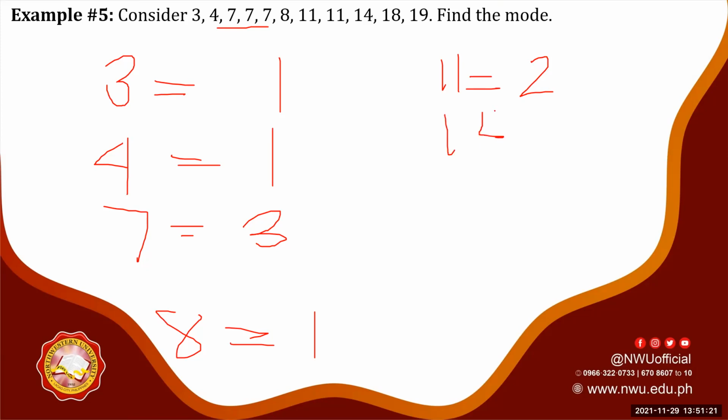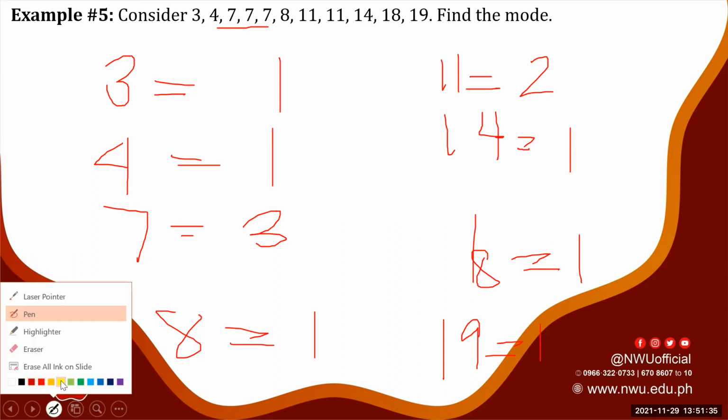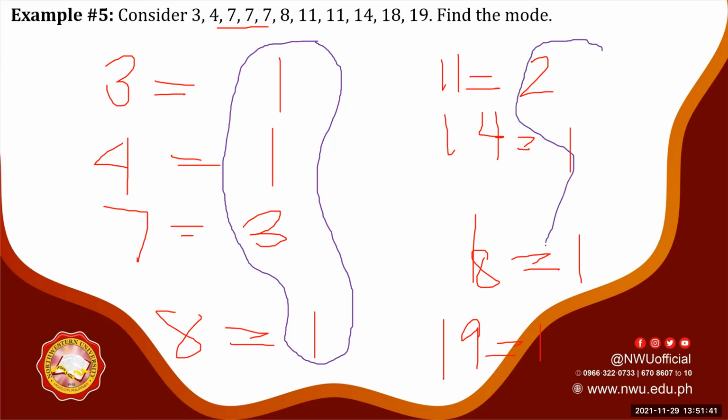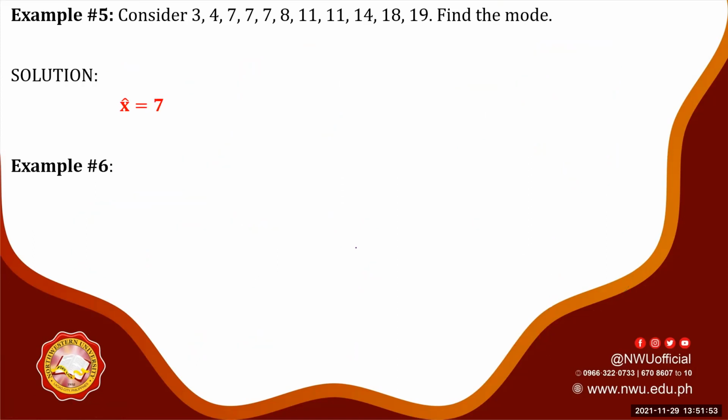Yung 14, isa lang. 18, isa lang din. And your 19, iisa lang. Now, if you're going to base your answers from the numbers on the right part, ang makikita mo na may maraming bilang is this. Therefore, the mode of this data is just equal to 7.